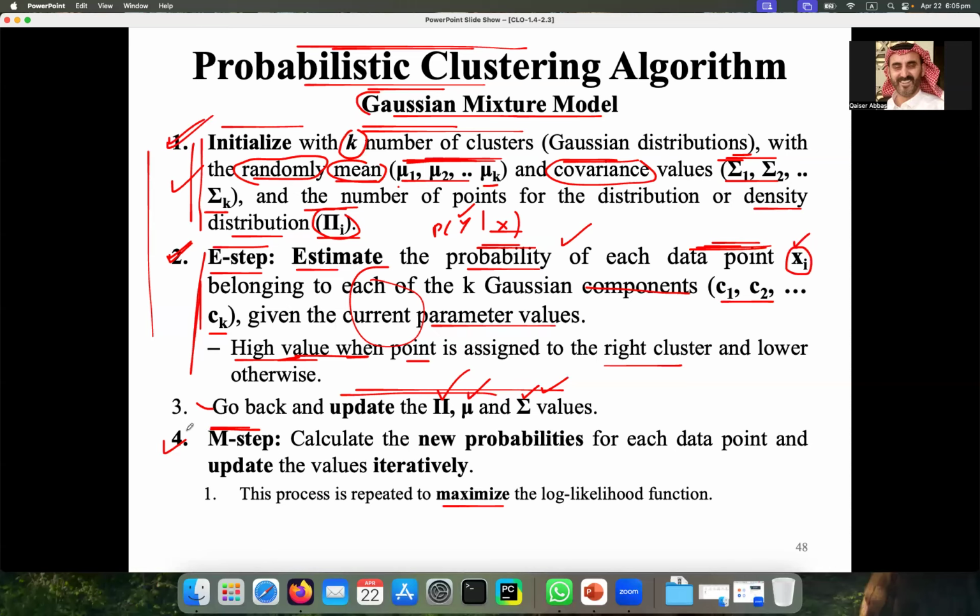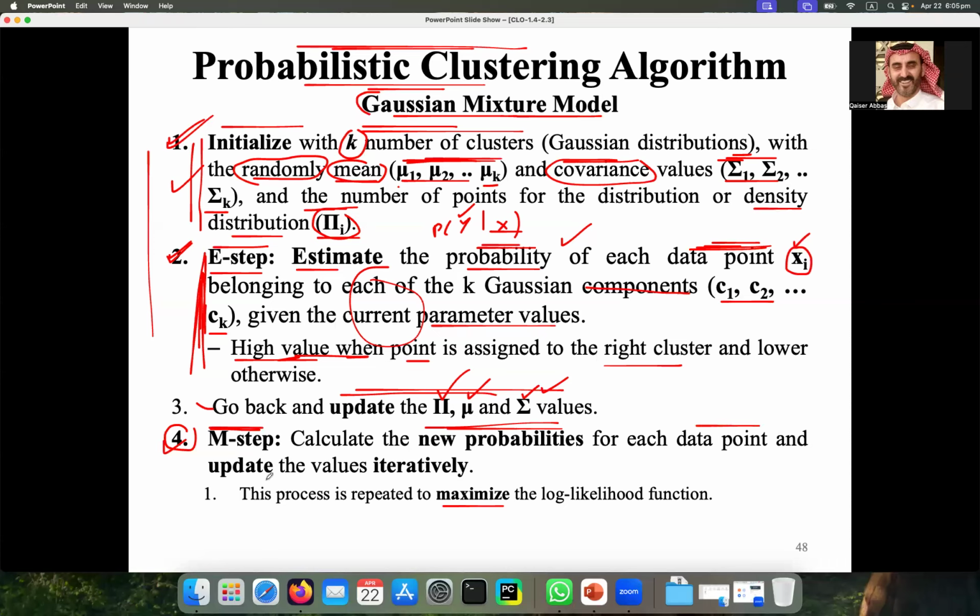So that's why now the step number 4, which is called the M step, the maximization step. You have the probability of the data points, but you want to maximize the probability. So you will calculate the new probabilities again by using a similar method for each data point.